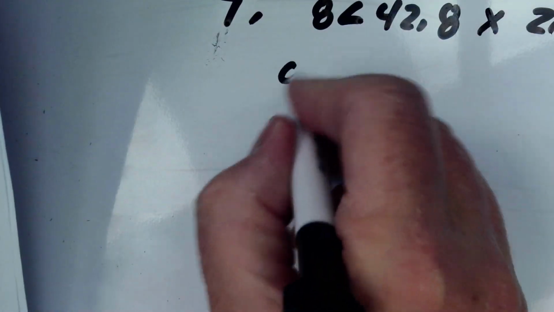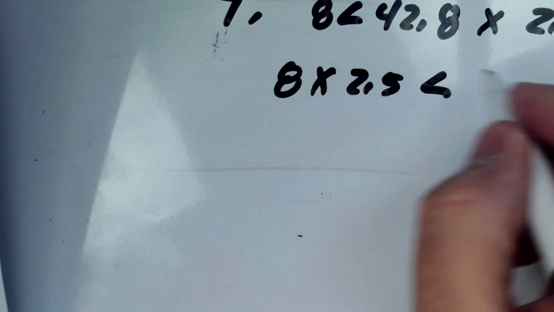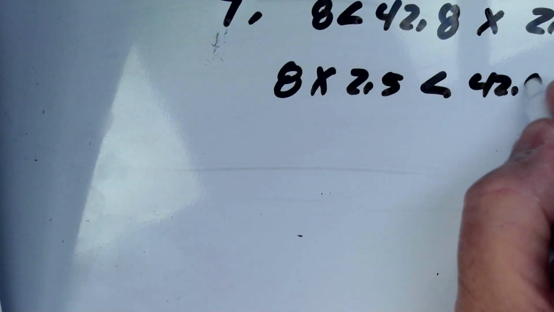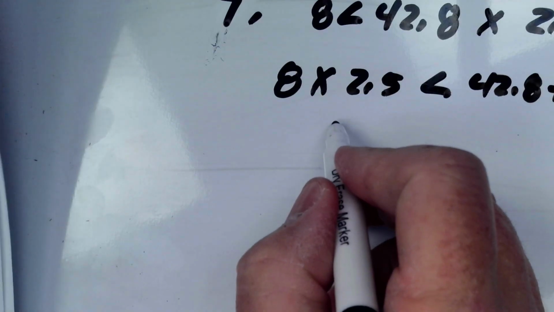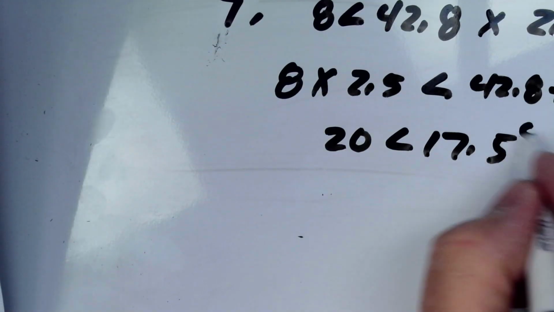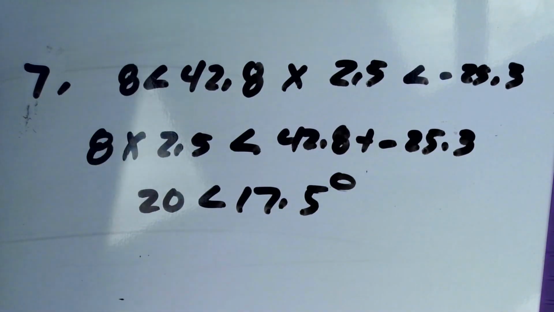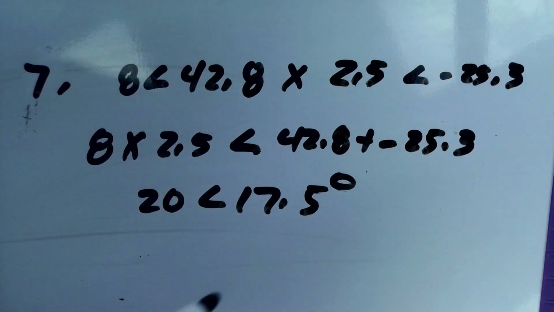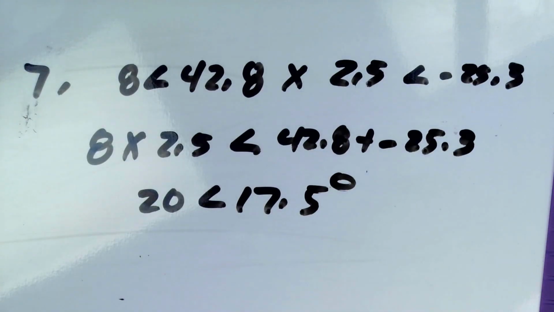So to do that, you just take 8 times 2.5, and then your angle will be 42.8 plus a negative 25.3, and you end up with 20 at an angle of 17.5. Okay, so that's number 7. So go through the homework and go through the questions in the back of the chapter, and it will help you understand how to work with polar and rectangular.